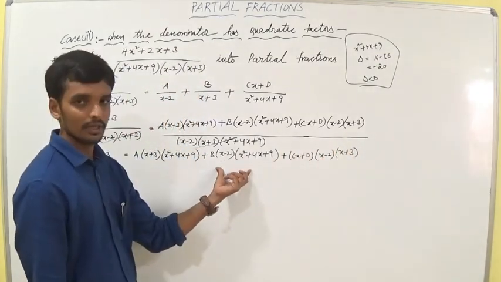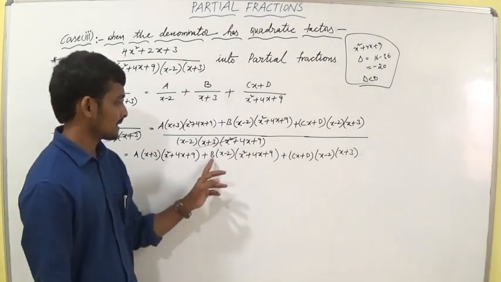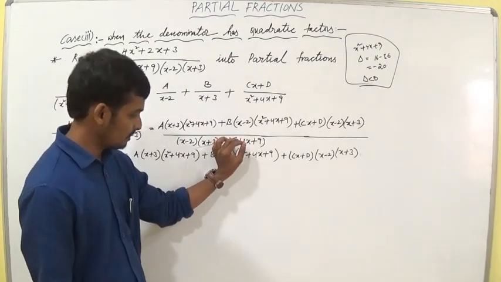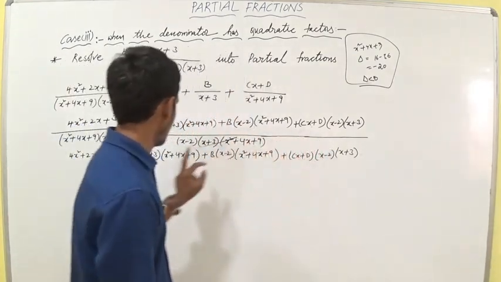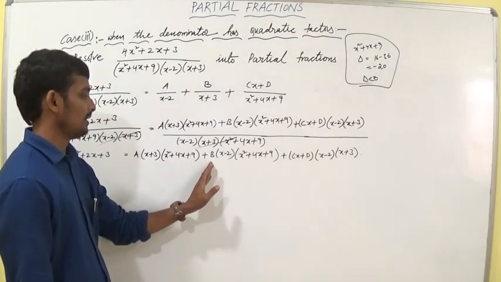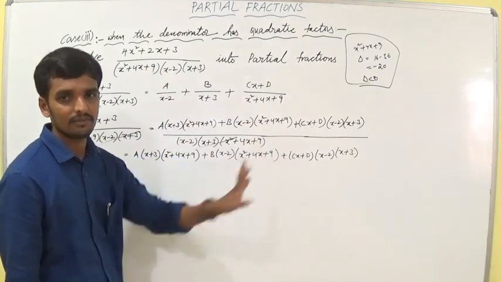I am getting only one term, so I will get the value of b. The same way, x minus 2 is the factor. If I take x is equal to plus 2, this will be 0, and I am getting a value. So a and b I am easily getting. Then we can think about the c and d after that.